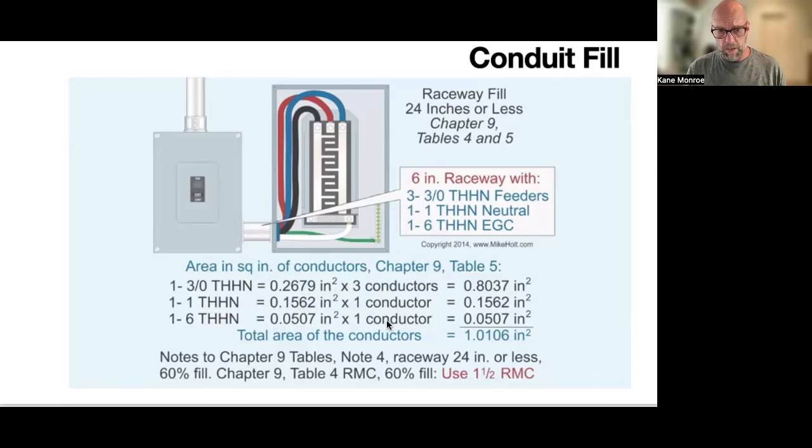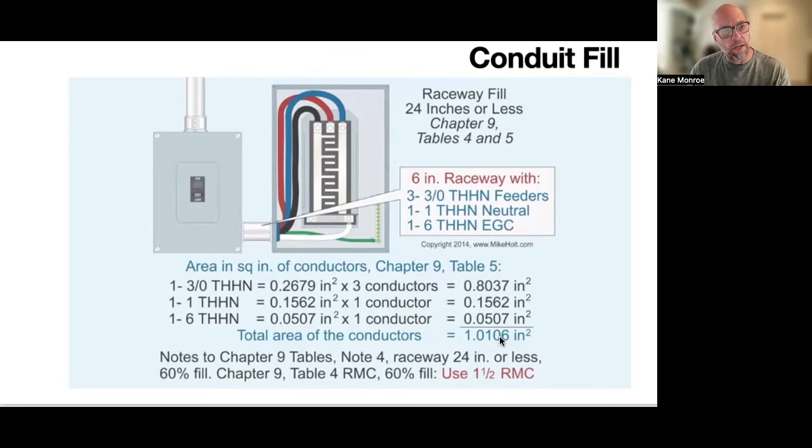Pull your remaining 2 other sizes over, add them up, and you get 1.016 square inches. So remember, we were looking for RMC. Now we have to go to table 4 and look under RMC at 60% for something that's larger than 1.016.